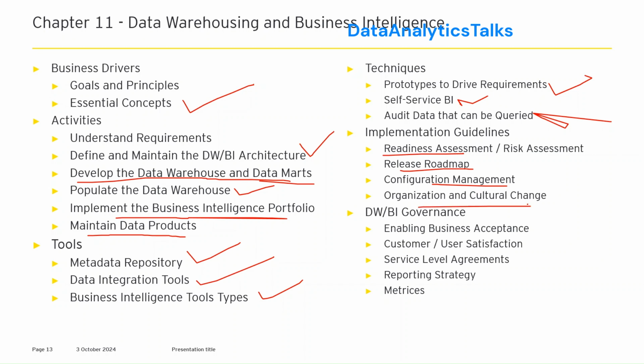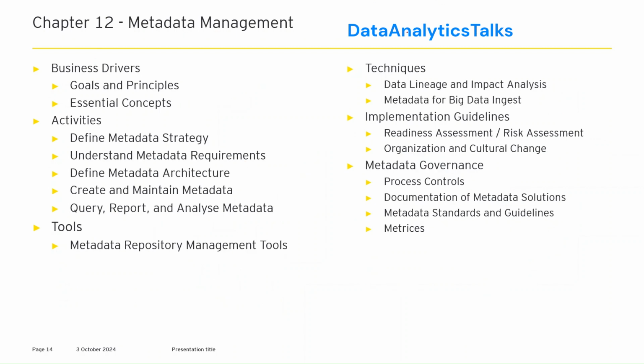And under the governance: enabling business acceptance, customer user satisfaction, service level agreements, reporting strategy, and matrices. This is one of the core areas in data governance, building data warehouse and business intelligence. So we will see in detail about this chapter in the later sessions.